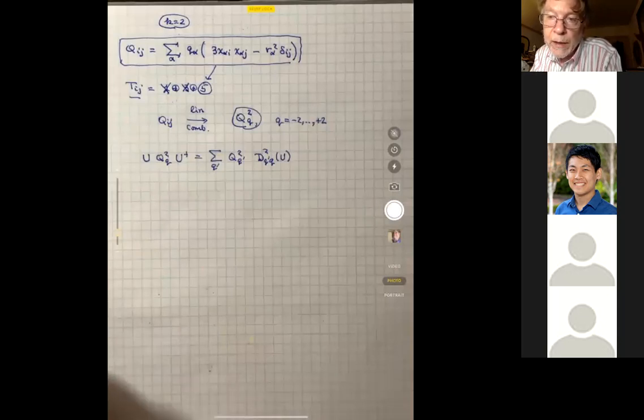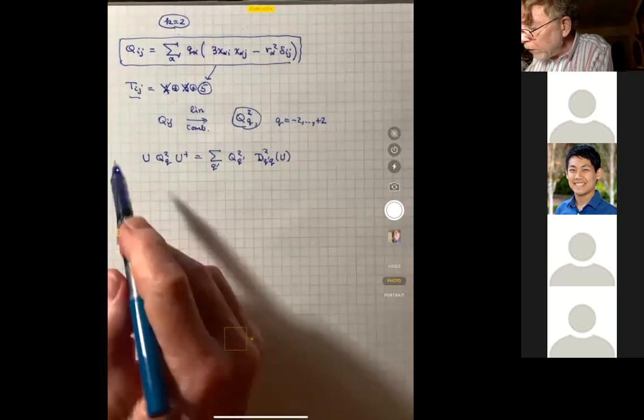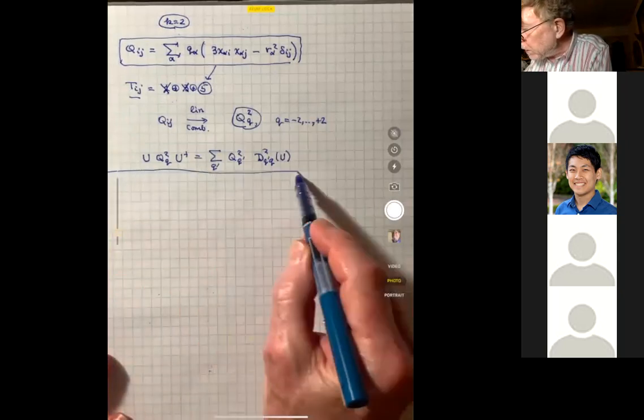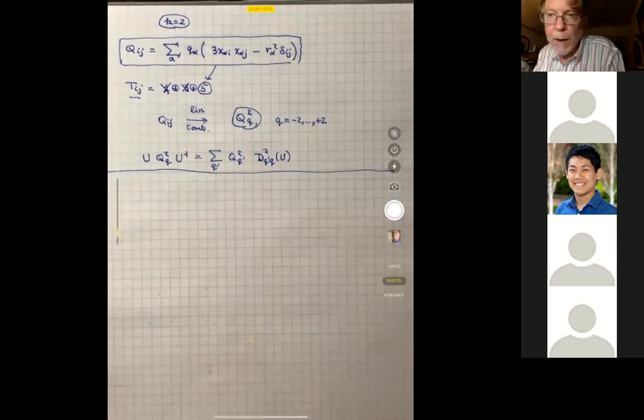And more generally, as a practical matter, any second rank tensor, any Cartesian tensor can be represented as a linear combination of such outer products. All right. So anyway, the quadrupole moment tensor is probably the prime example of a K equals 2 or second order irreducible tensor operator.